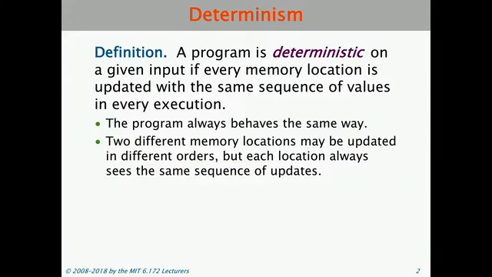So the program always behaves the same, and if it's a parallel program, you may end up having different memory locations updated in different orders. I may do A and then B versus updating B and then A, but if I look at a single memory location, A, say, I'm always updating A with the same sequence of values, okay?